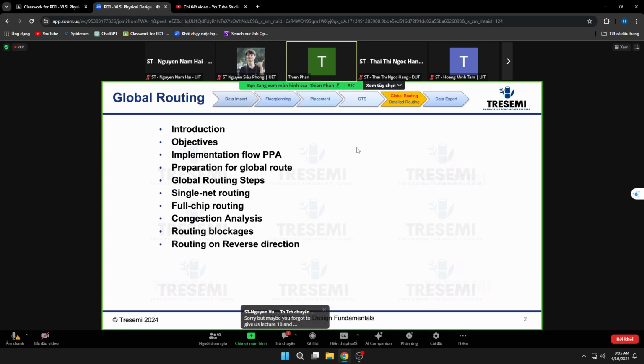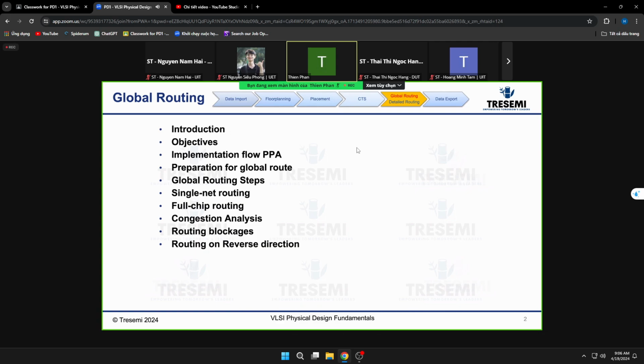So the hope is that all the work we've done so far helps us get a really clean route. And if that's not the case, if we have a problem with routability, how do we go about debugging and figuring out what's wrong? What can we do to make it better?